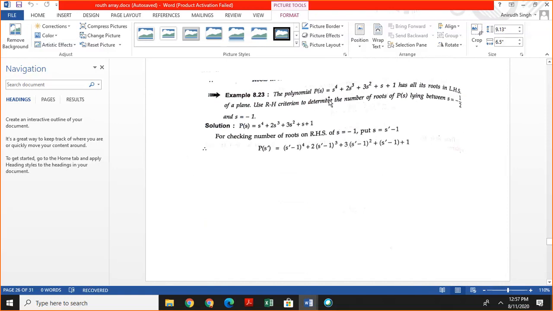The next question is also based on the same principle. This is the characteristic equation. Use Routh criteria to determine the number of roots of P(s) lying between s is equal to minus half and s is equal to minus 1.